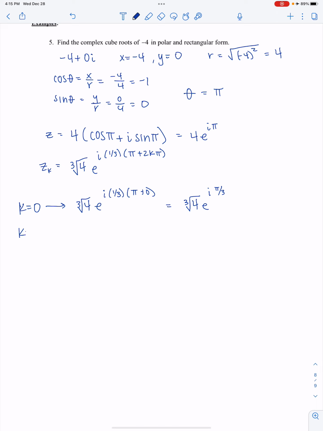When k is 1, we'll have the cube root of 4, e to the i, 1/3, pi plus 2 pi.